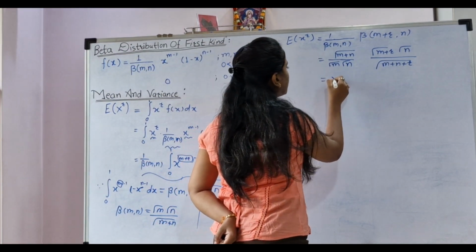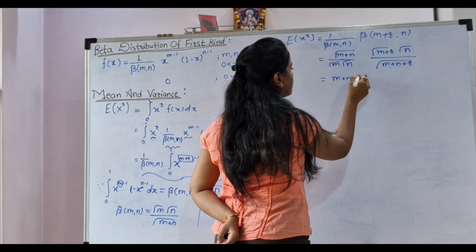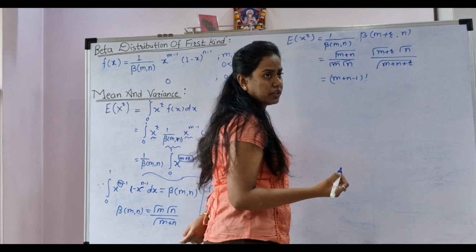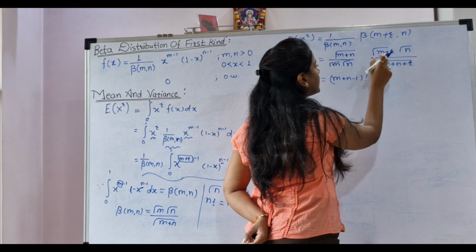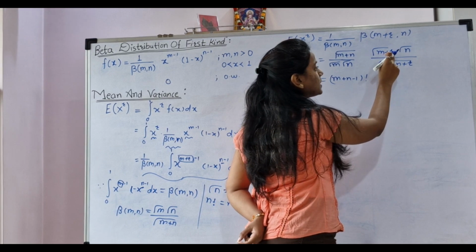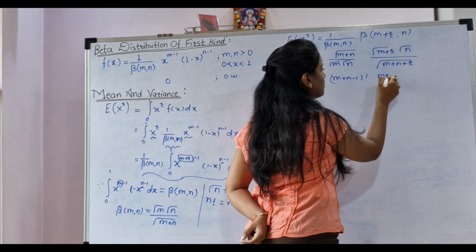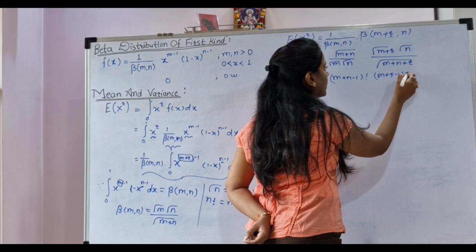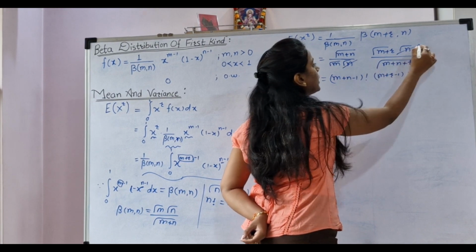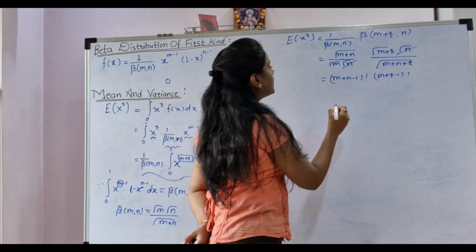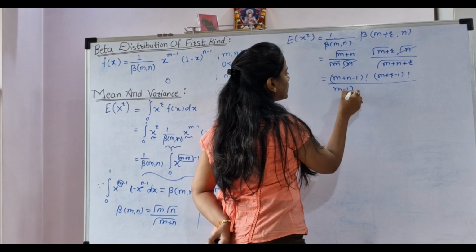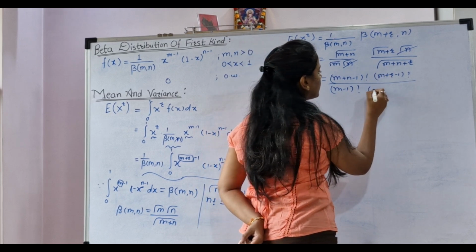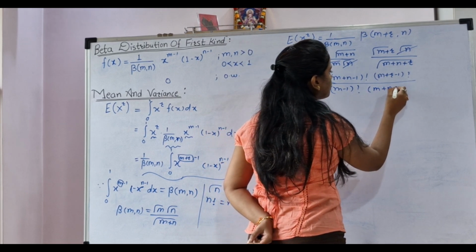So it is m plus n minus 1 factorial. Then next, gamma of m plus r is m plus r minus 1 factorial. Gamma n will get cancelled, right? Now in the denominator we are getting m minus 1 factorial, and here it is m plus n plus r minus 1 factorial.